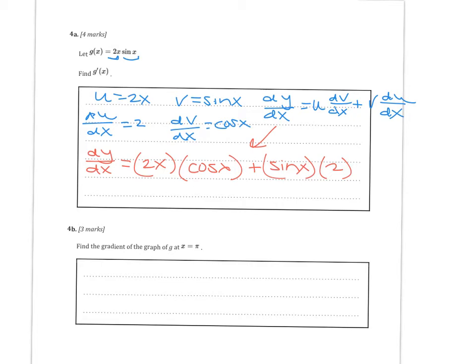I can't emphasize enough, and I don't actually think I have emphasized enough, that the biggest key to these problems, besides always writing which rule you're using, is to keep very clear labels about what it is you're doing.